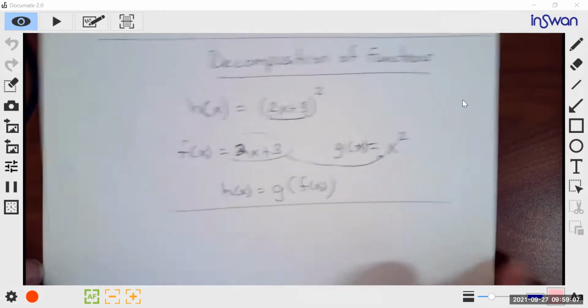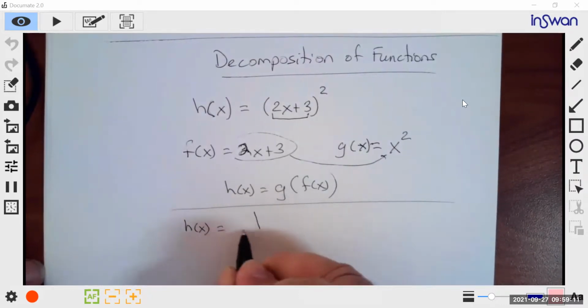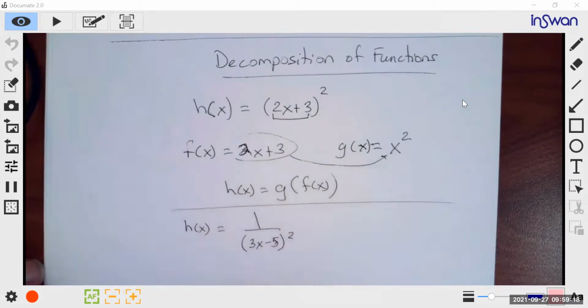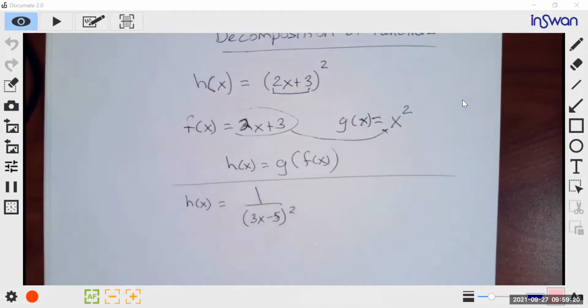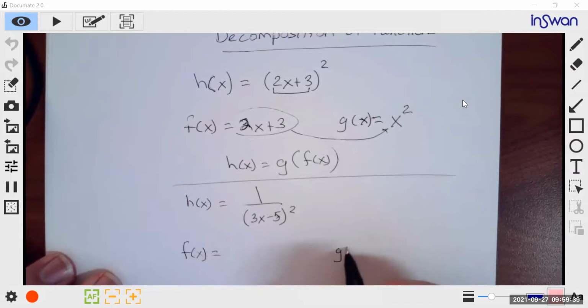This gets a little more difficult. But what if I gave you this one? h equals 1 over (3x minus 5) squared. Can you think of how that would be separated into two basic functions?